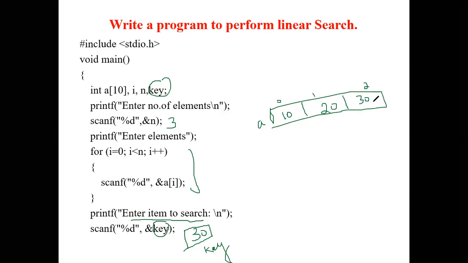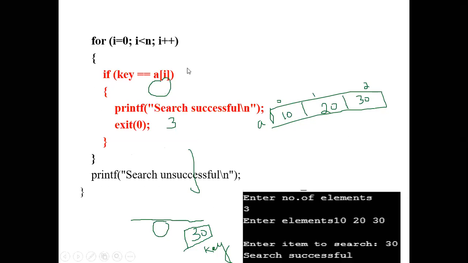If it is not there in this array, then you have to display that the element is not in the array. So we are searching from I is equal to 0 till I less than 3. We start from the first element of the array and search till we reach the end of the array.